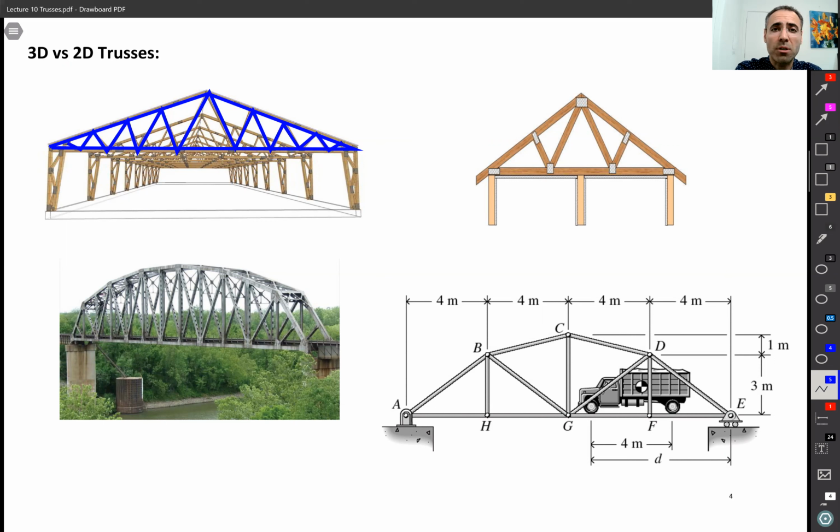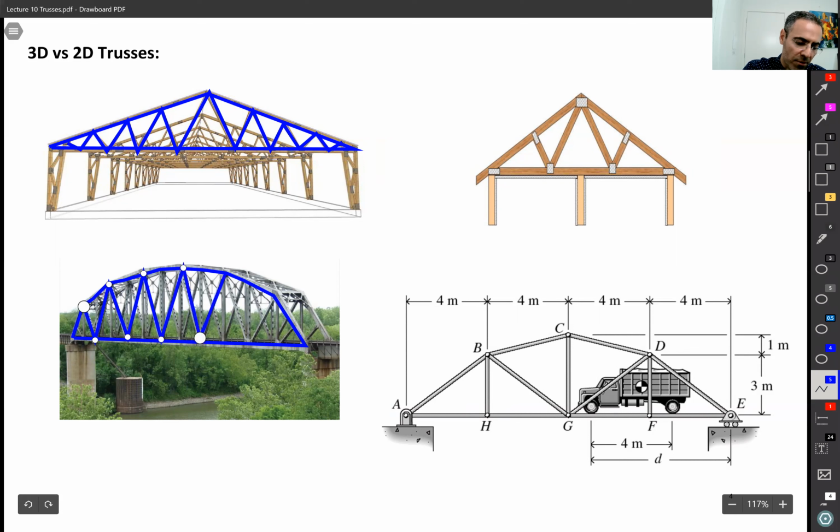In other words, I can simplify this to a 2D truss and solve it. The same with this bridge: here you see we have this plane, and parallel to that, on the other side, we have the same things, right? So I can treat this 3D truss as a 2D truss. Now I got confused. I hope I'm doing it correctly. But anyway, you got the idea, right?